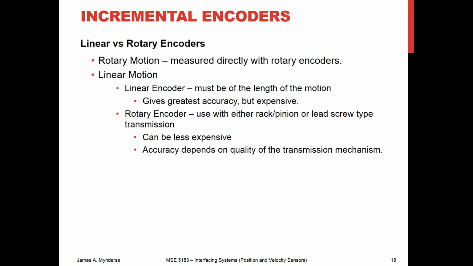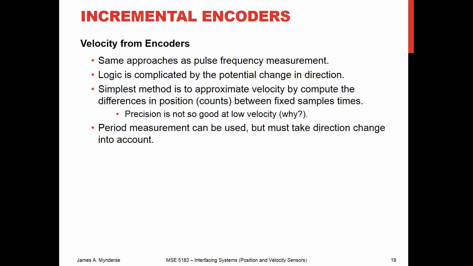I would say that in general your rotary measurement is going to be easier to deal with just because you can buy that stuff off the shelf and you could put in a transmission system. But it will depend on the accuracy of your transmission mechanisms, absolutely. As I mentioned, you can still get your velocity from it. It's a little more complicated because you've got to figure out your directional change, but you can do it. It's not that hard.